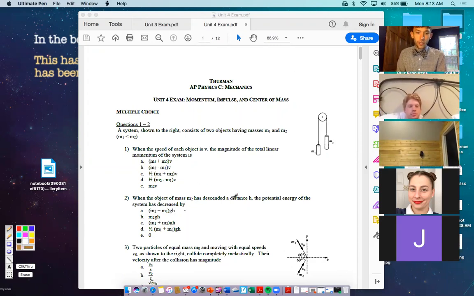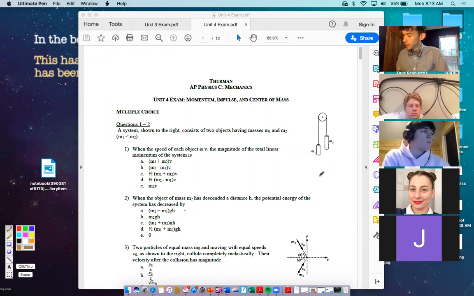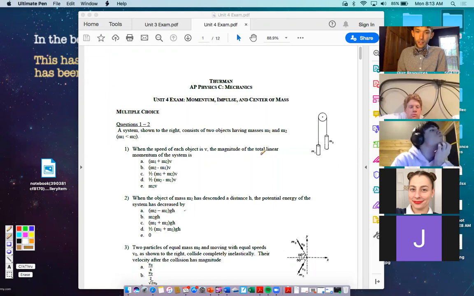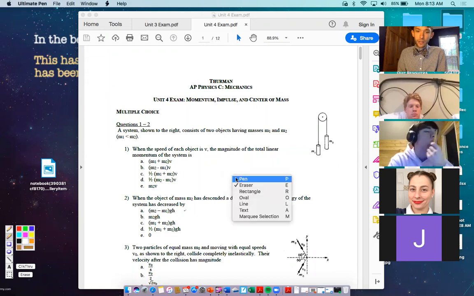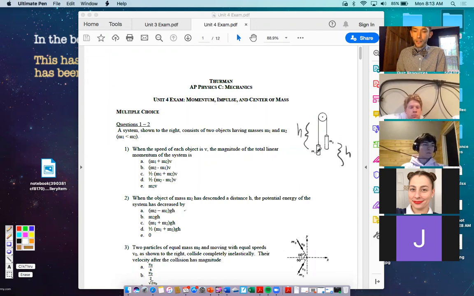Question 2. When mass 2 has descended a distance h, the potential energy of the system has decreased by what amount? So we need to try to compare the initial and the final potential energies. If M2 goes down a height h, M1 is going to go up a height h because they're connected.